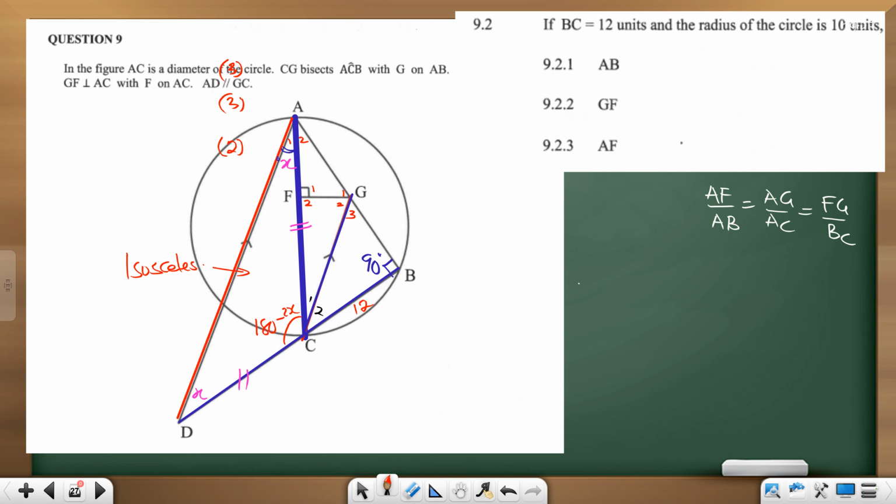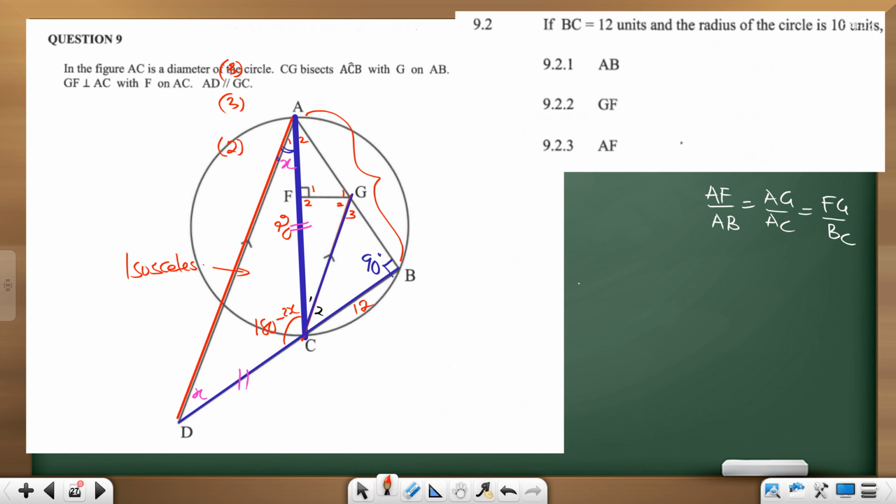Radius of the circle. Can I say my AC is 20? Because we are told it's a diameter. Okay. Calculate the length of what? AB. Is this a matric paper? Amen.